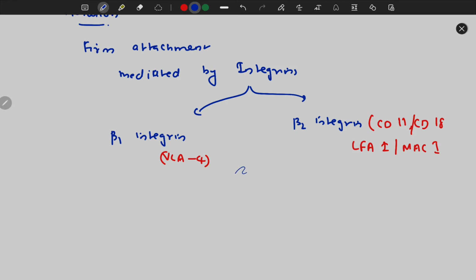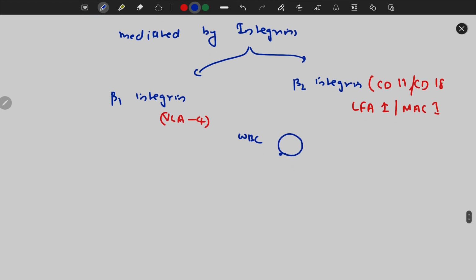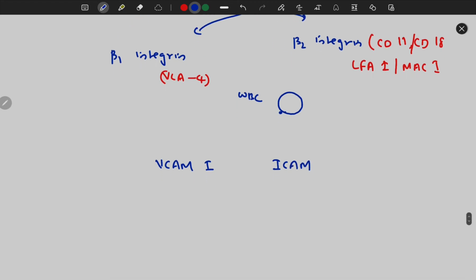These integrins are present in the leukocytes. The receptors, that is VCAM1 and ICAM1, are actually present in the endothelial cells.